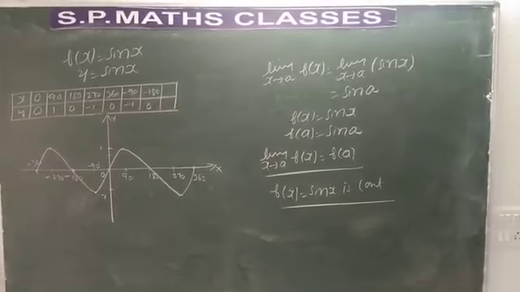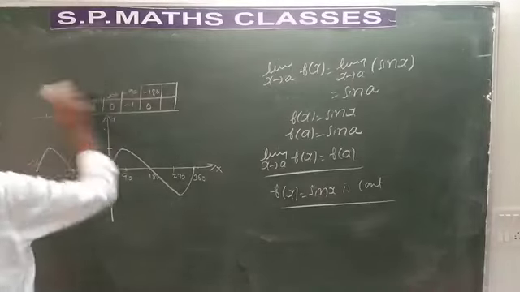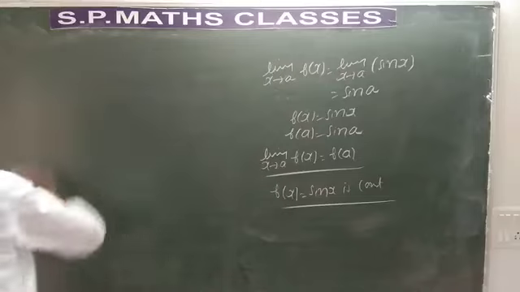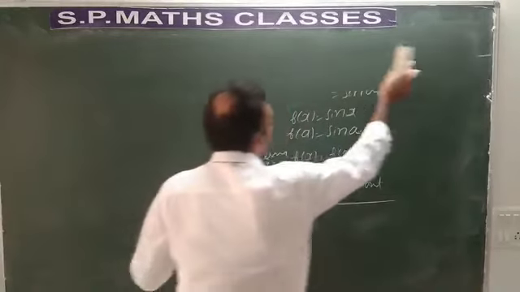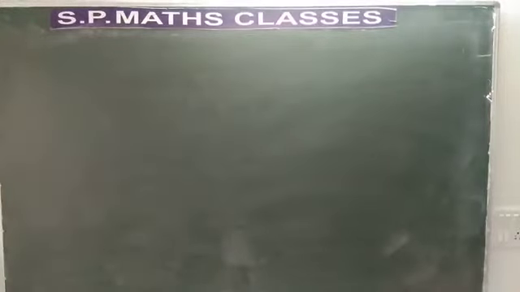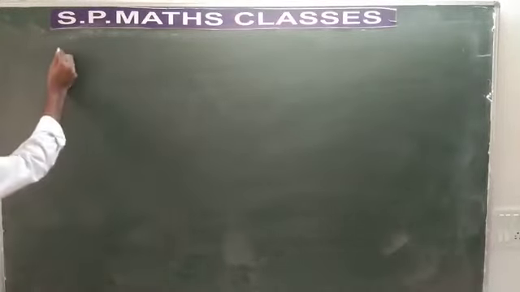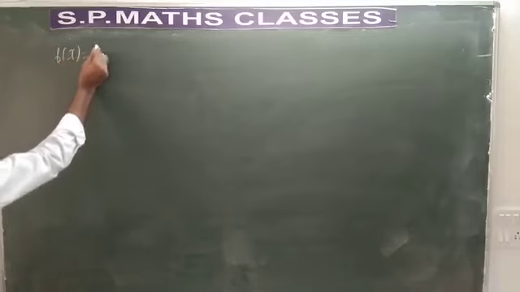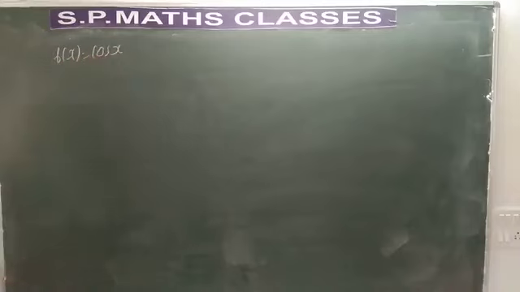Similarly, we can verify whether f of x is equal to cos x is continuous or not. You need to test the continuity of this function. First, prepare the table for this.